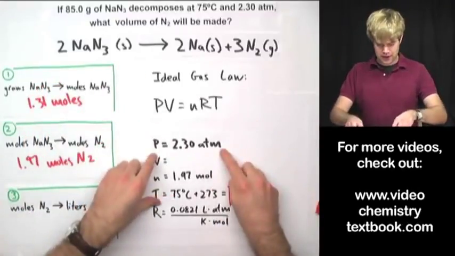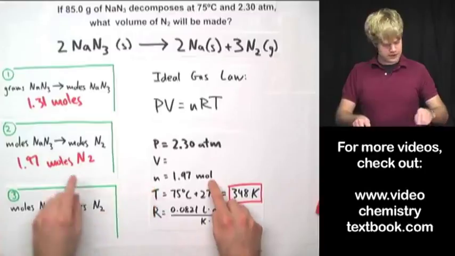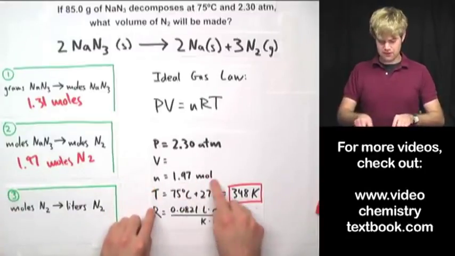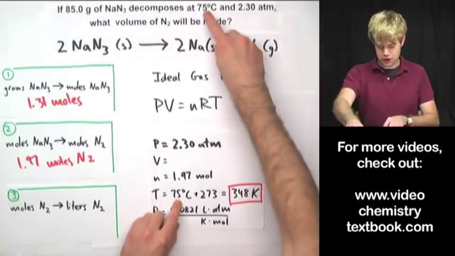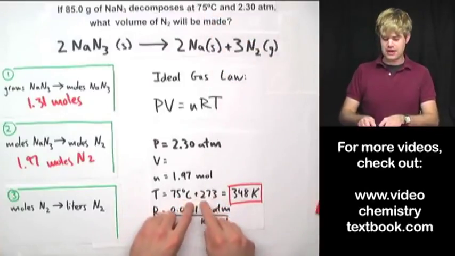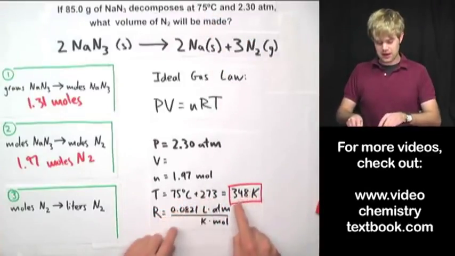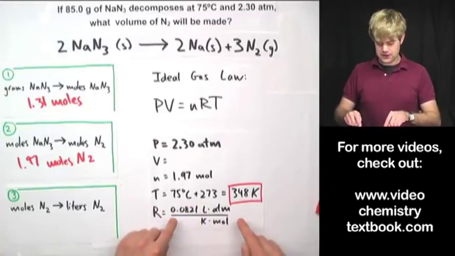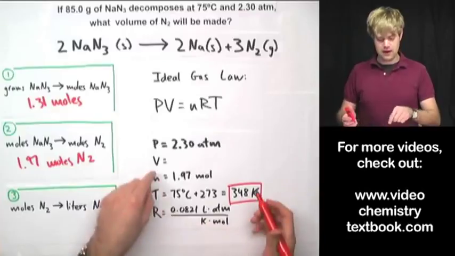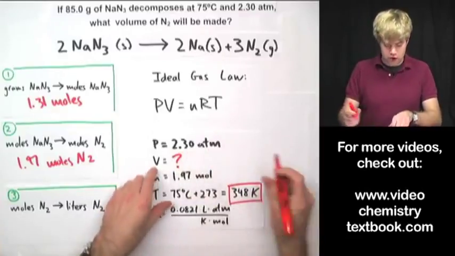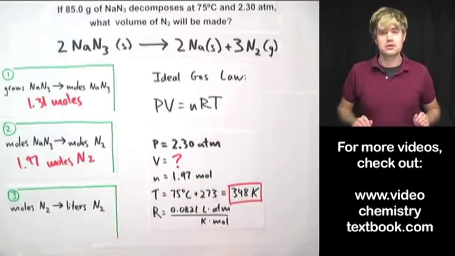I put my pressure in here, I have my moles, 1.97 moles of nitrogen. I have to take the temperature, which is in Celsius, and add 273 to it to get the Kelvin temperature. And finally here is the R value, the constant that I'm going to be using. V, the volume of this gas, is what I'm going to be solving for.